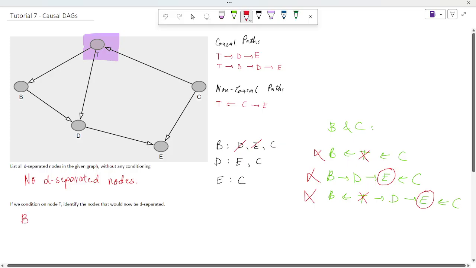Which means that since all the paths are blocked, the B and C are going to be de-separated. All right? It means कि अगर आप T पे condition कर दें तो B and C are de-separated now because all the paths between them are blocked.